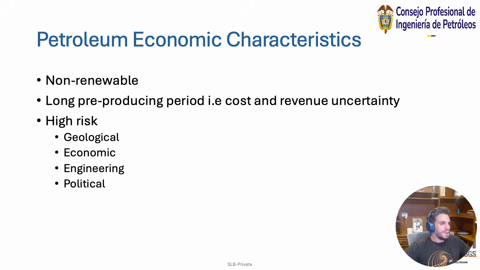So there is this uncertainty that can happen with any project, right? There's the uncertainty of it being completely zero or a dry well, which is really bad, obviously, but there's also the uncertainty that it'll be profitable. Is it worth drilling all these wells? Will it make me my money back and more? And the risks associated with oil and gas are geological, economic, engineering, and political.